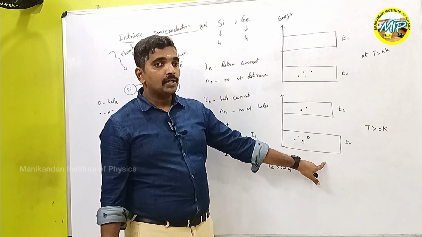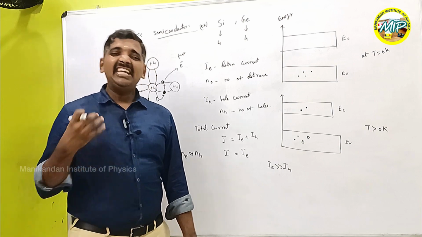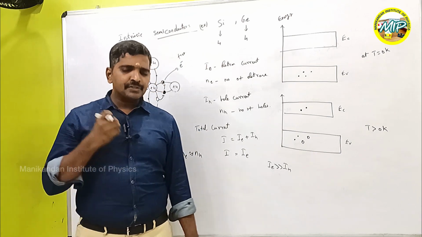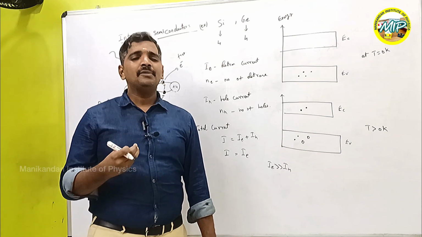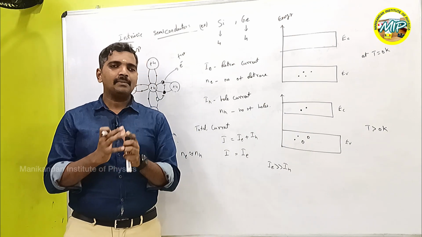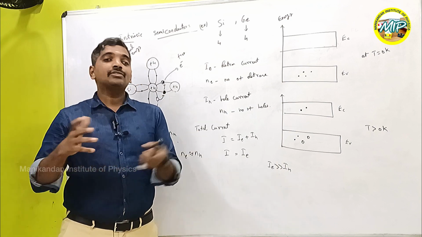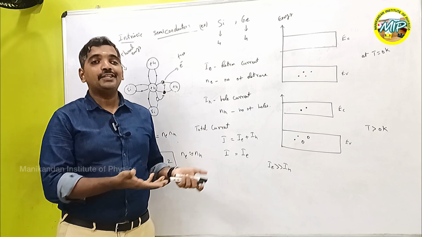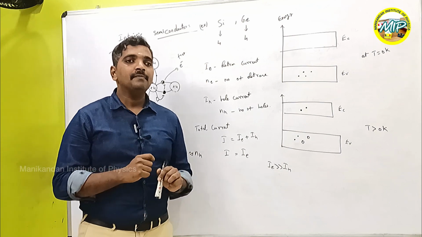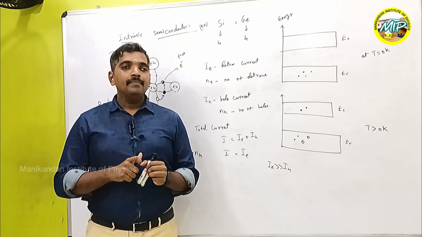At T greater than 0 Kelvin, free electrons are created. But every time I cannot provide energy to the system, because if I heat the system every time, the material will get damaged. This is the major problem in intrinsic semiconductors. How to overcome this problem? To overcome it, we have another kind of material called extrinsic semiconductors. Now I'll explain.